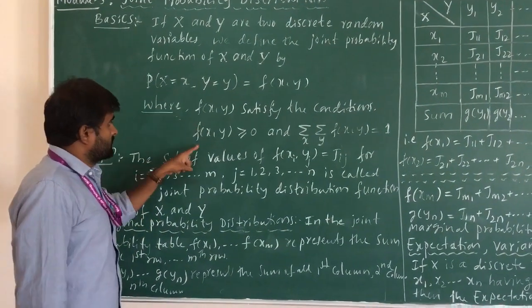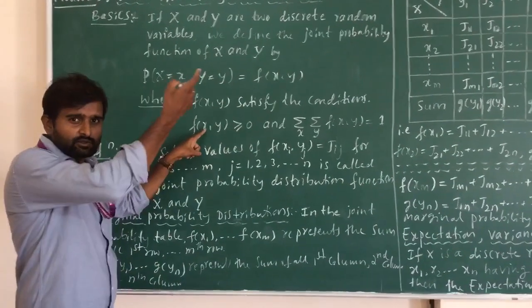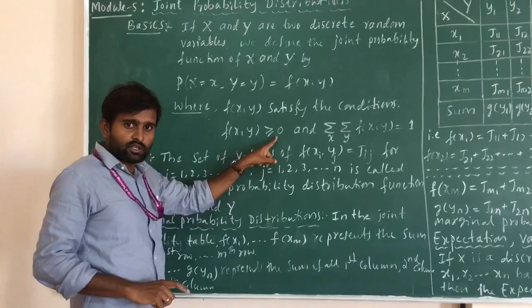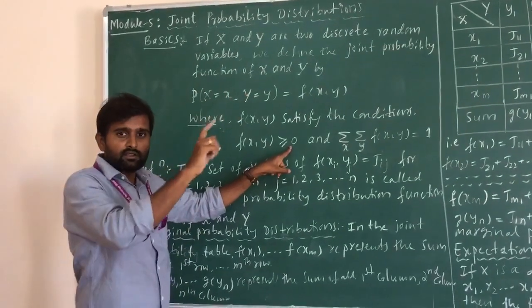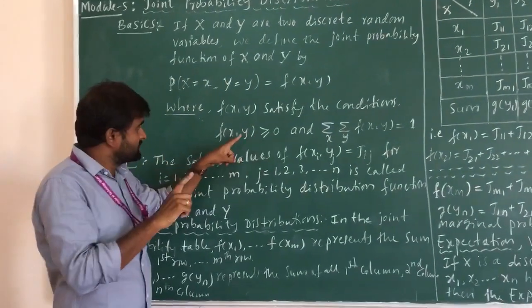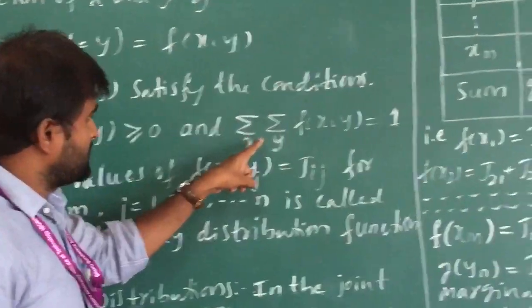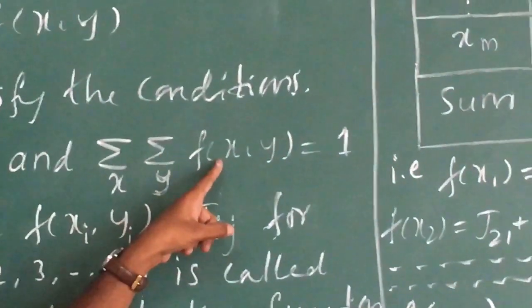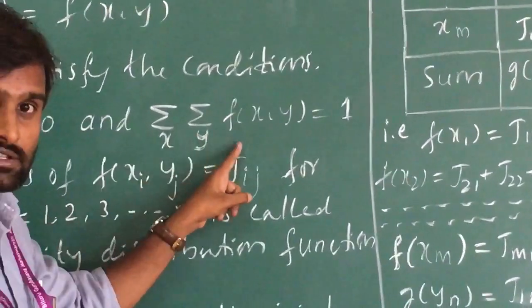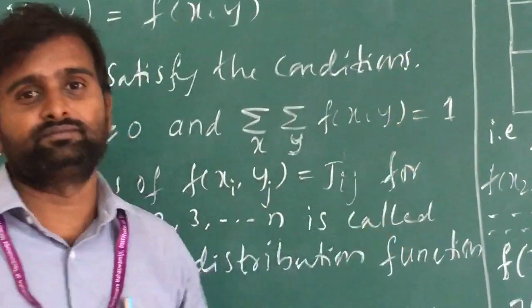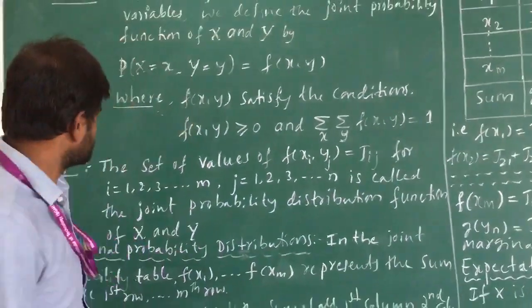Now here f of x comma y is greater than or equal to 0, and the sum over x, sum over y, ranging over the function f of x comma y, equals 1.